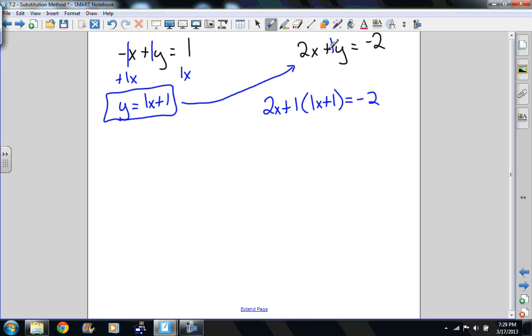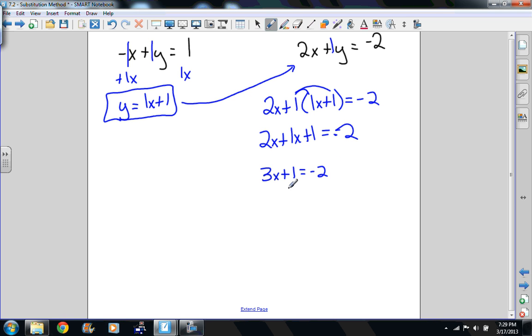I have the same equation except I took that y and replaced it. I do the distributive property, which gives me 2x plus 1x plus 1 equals -2. And if you've done it right, the variable y should be gone, because now we get 3x plus 1 equals -2.